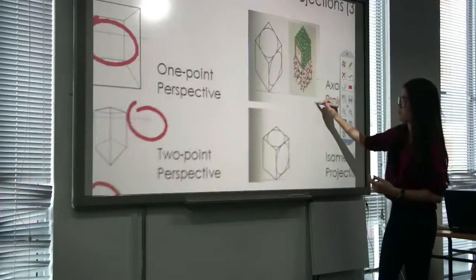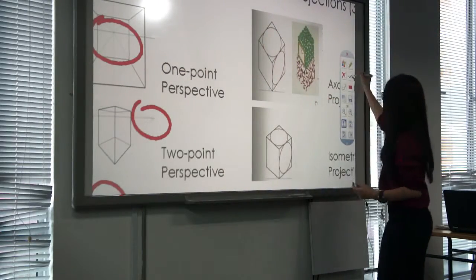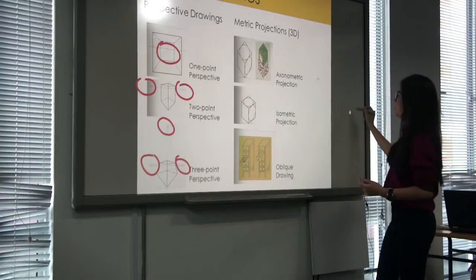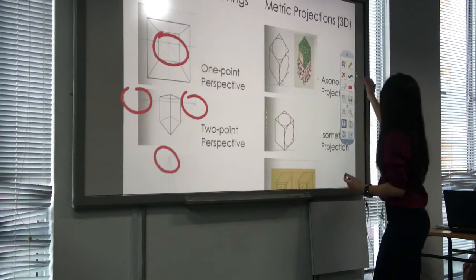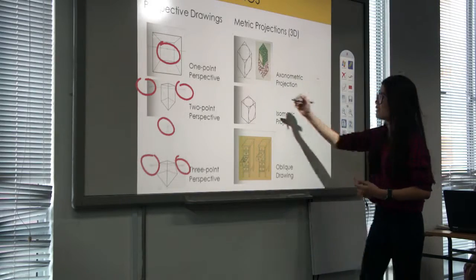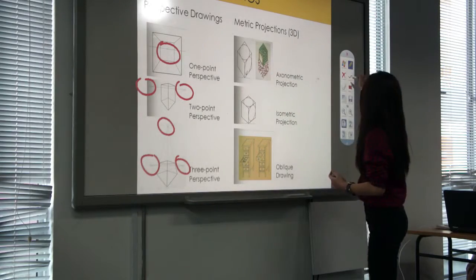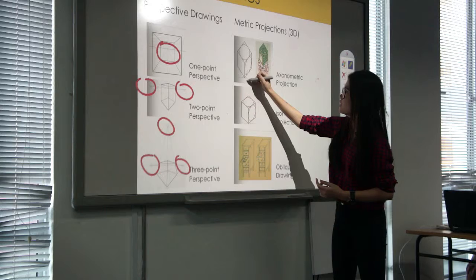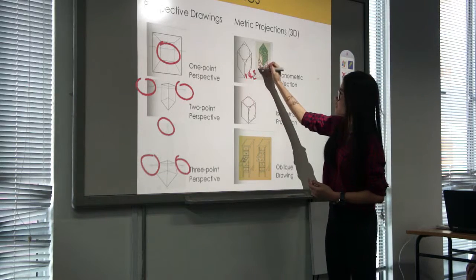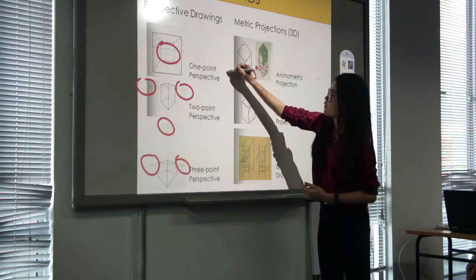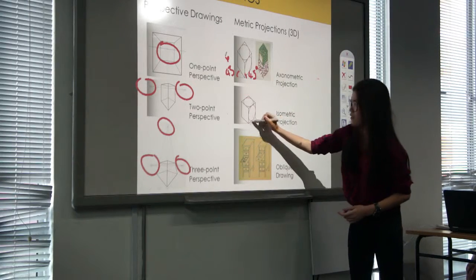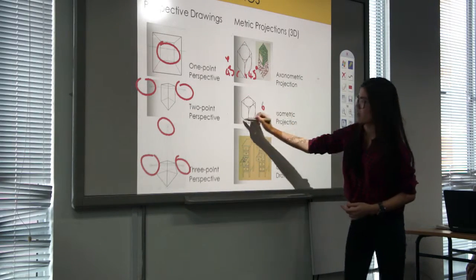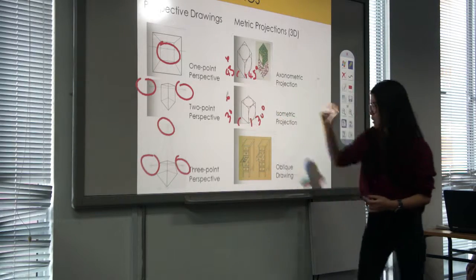This is axonometric projections. Degrees on the left and 45 degrees on the right. And isometric projection is 30 degrees on the right and 30 degrees on the left.